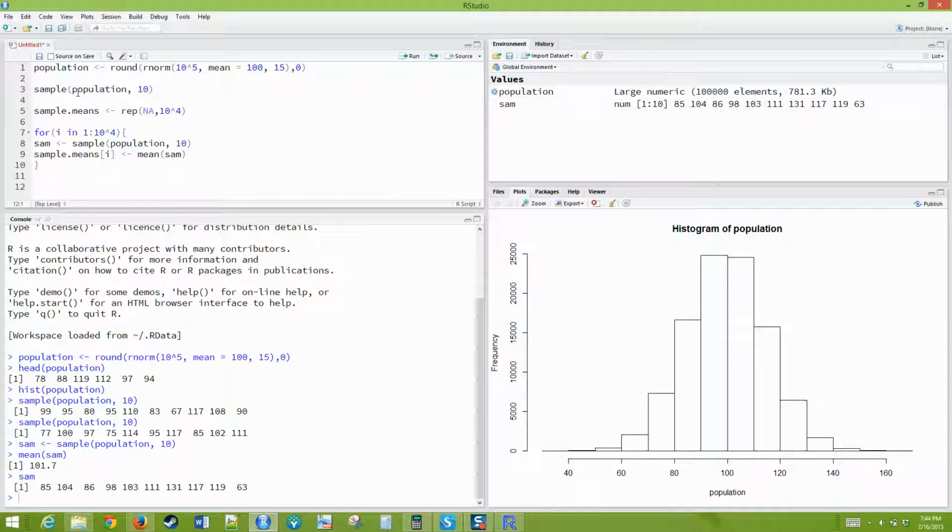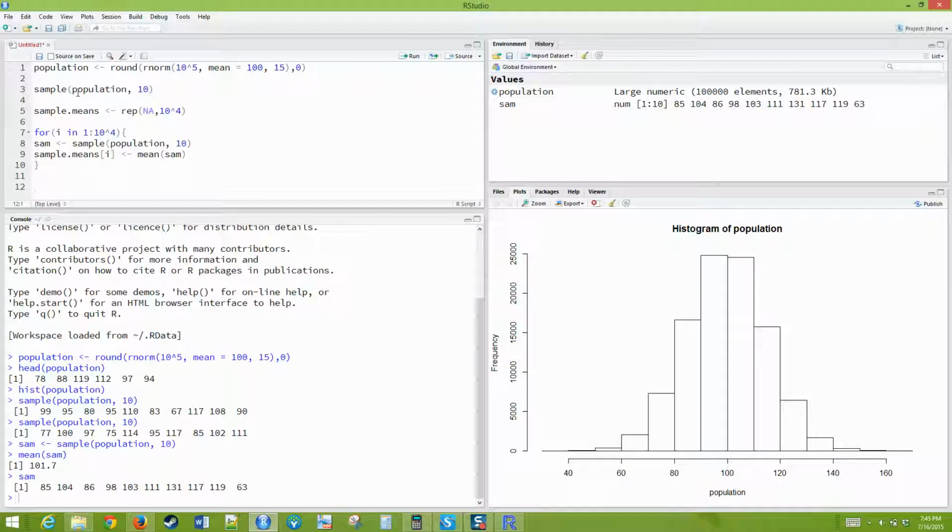When I do for I in 1 colon 10 to the 4, basically I'm telling R, start at I equal to 1, run it, then increment I to 2, run it again, then I equal to 3, run it again, until you get to I is 10,000.